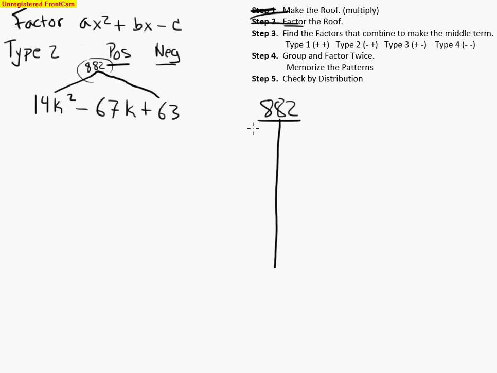Now there are tons of factors because this is such a big number. I just went online and I went on to Google and I said factor 882, and what I got was 1 with 882, 2 with 441, 3 with 294, 6 with 147, 7 with 126, 9 with 98.